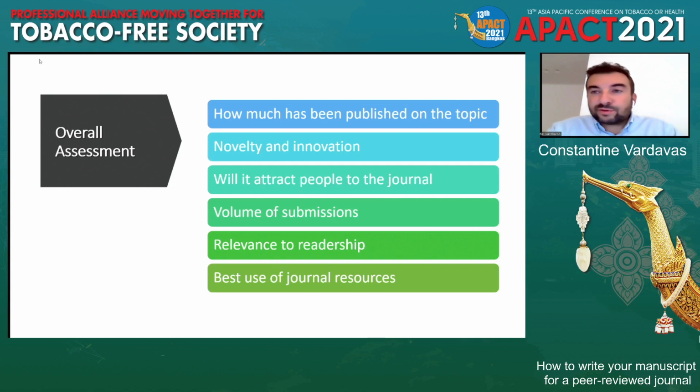There are computer programmers making XML files. There are printers that are printing. There's web-based archiving. So there's a lot of resources that are used behind the scenes to be able to run a journal. So it's always taken into account what is the best use of journal resources.